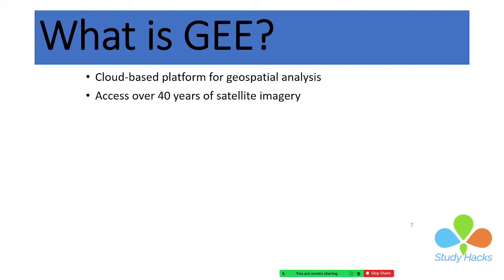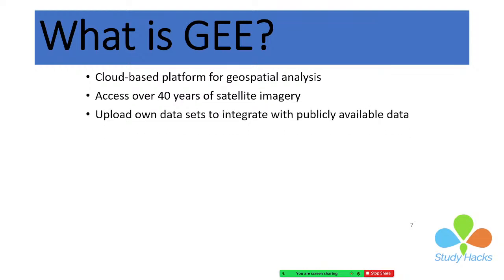Then it accesses over 40 years of satellite imagery. We can easily access 40 years of satellite imagery using the Google Earth Engine platform. This imagery can be Landsat, Sentinel, all of the satellite imagery, and we don't need to download any satellite imagery.